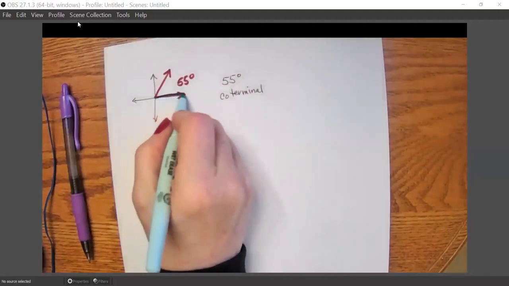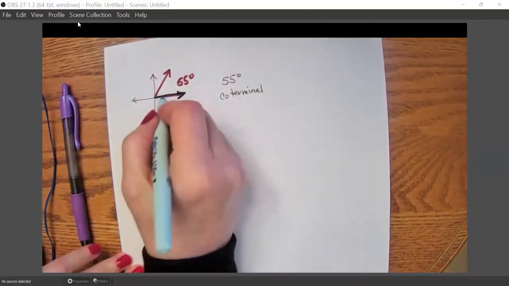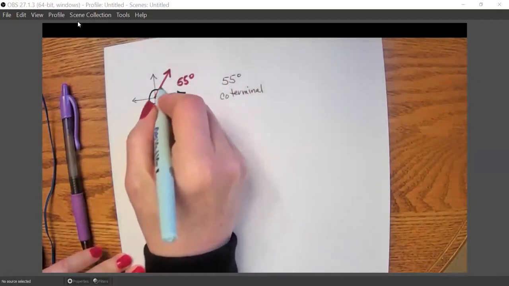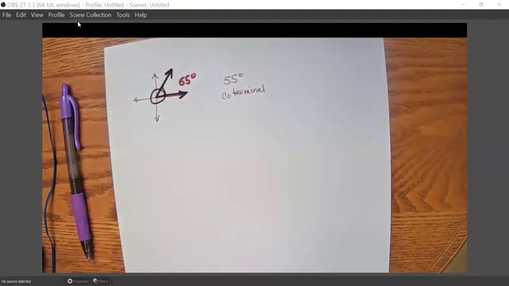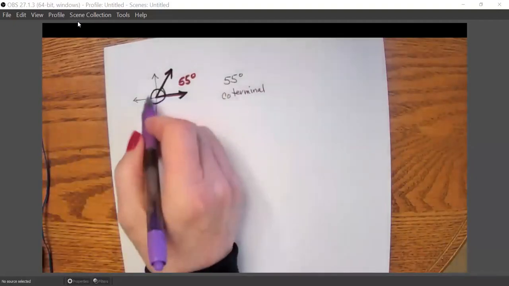Here's my initial side. And what if I go all the way around the circle once, that's 360, and up an additional 55? Those angles actually fall in the exact same place on the Cartesian plane. It's just that for the second angle, I've gone around the circle one time.